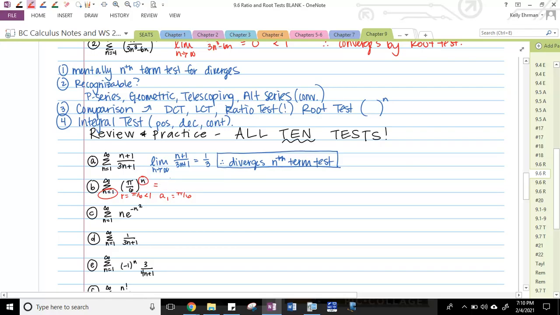It converges to that first term over 1 minus r. And if I multiply everything by 6 to get rid of that ugliness, that's pi over 6 minus pi, right? I think so, yeah. And then converges by geometric series test.